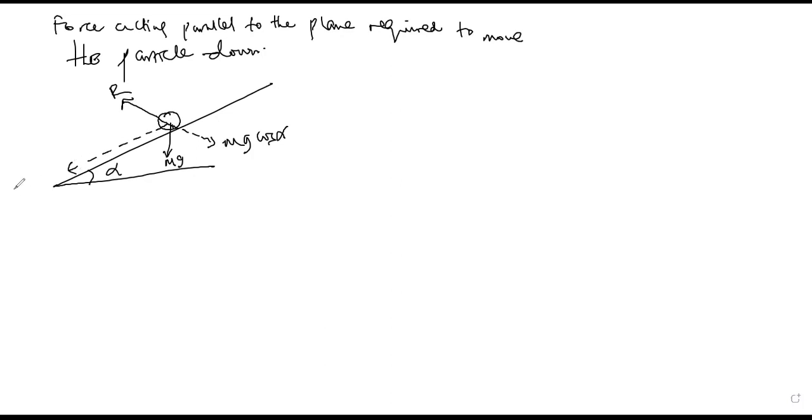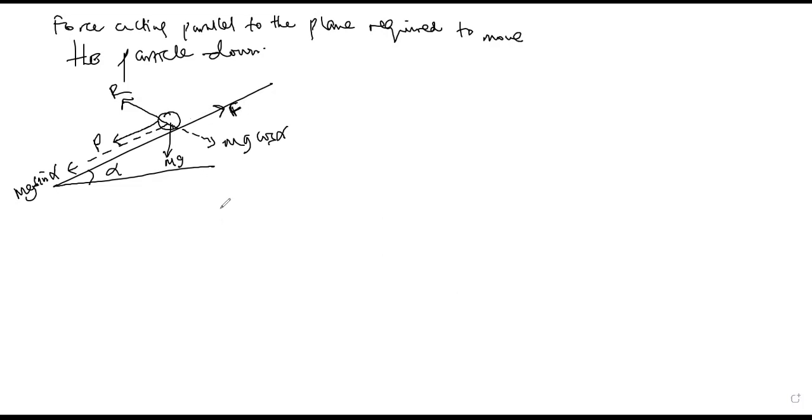And this is mg sine alpha. But now they are saying that the force is required to move the body where? Downwards. So force P is acting like this, isn't it? Now where will the frictional force be pointing? Up, on the body, not the plane. So this is where we have F.